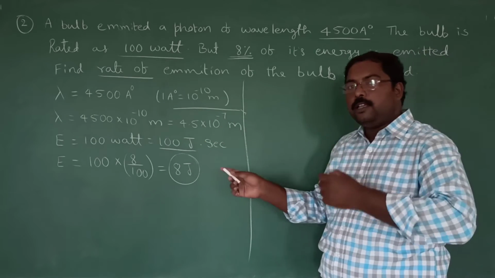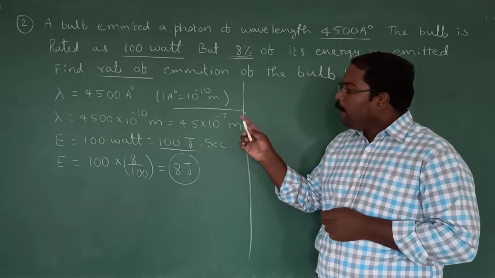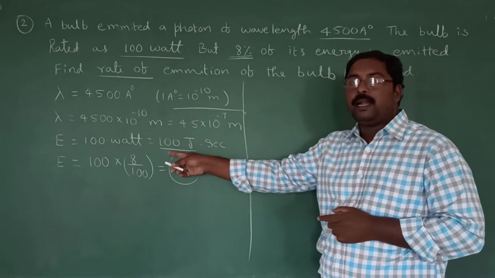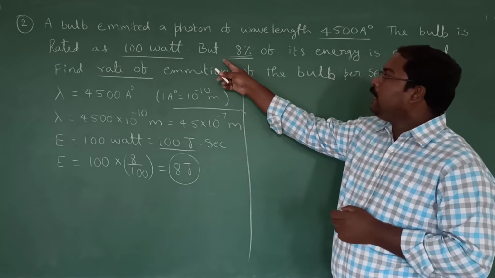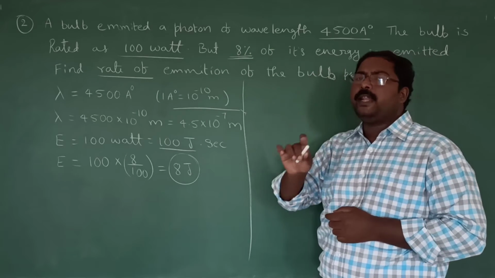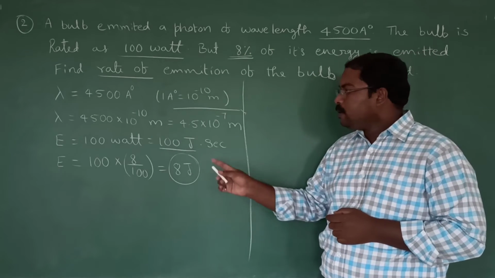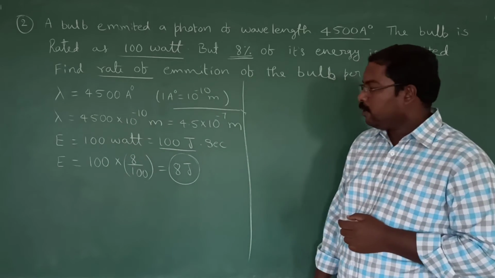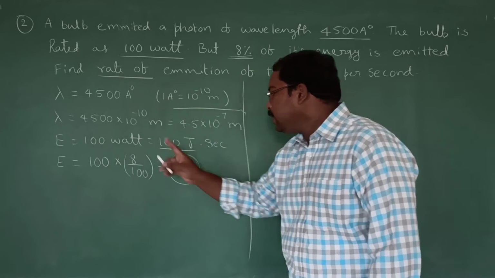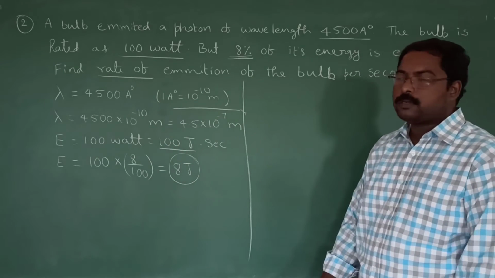In physics, we generally use this conversion. But why are we not taking 100 joules directly? Because out of the 100 joules, only 8% of energy is emitted. So that's why we have taken 8% of 100. 100 gets cancelled. So we got 8 joules. Right?